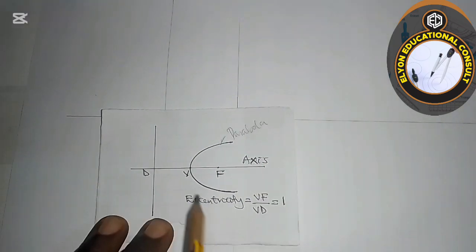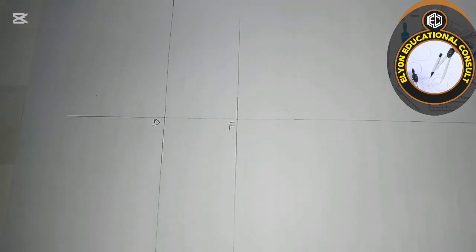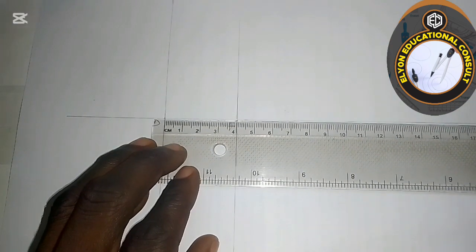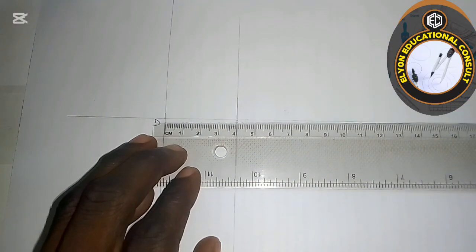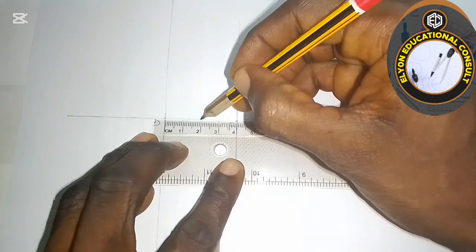The vertex will be the midpoint between the directrix and the focus. Since the distance of the focus from the directrix is 40, the vertex will be half of that, which is 20.